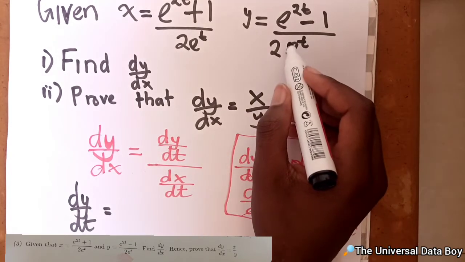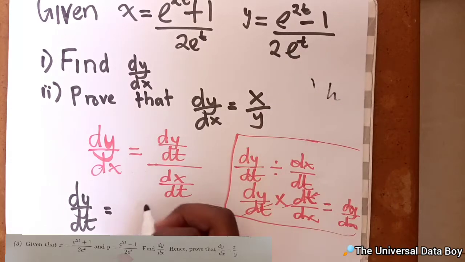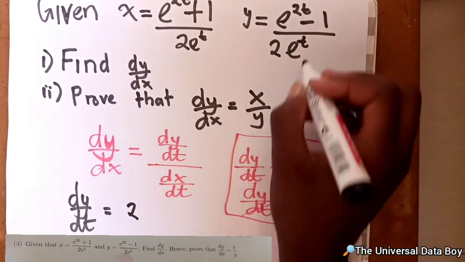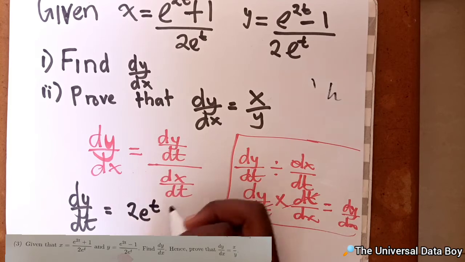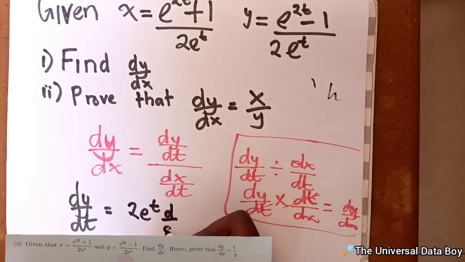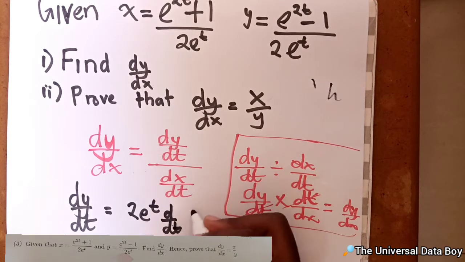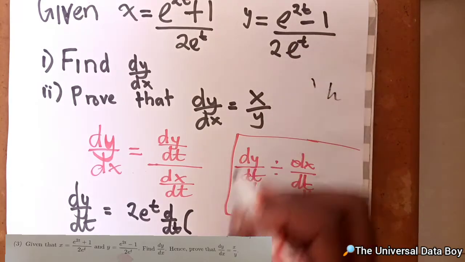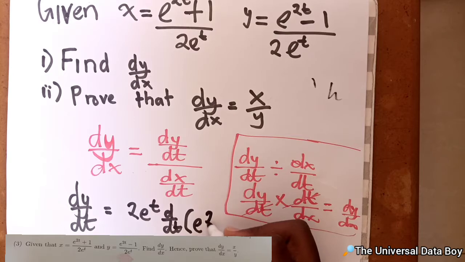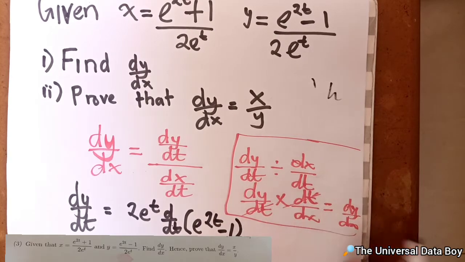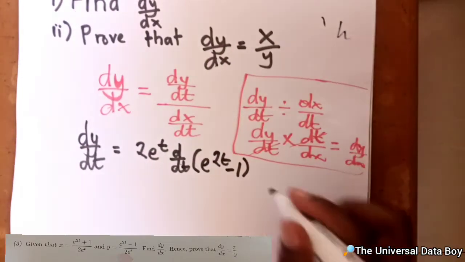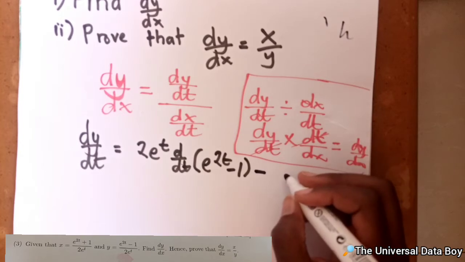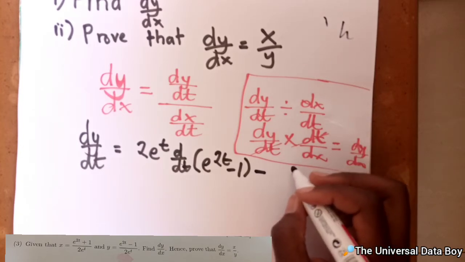So now we can start here. For y, we have our numerator being this one, and our denominator being this one, 2e to the power t. Then we're going to differentiate with respect to t. We're going to differentiate the numerator, which is e to the power 2t minus 1. Then we're going to subtract this from the derivative of the denominator multiplied by the numerator.